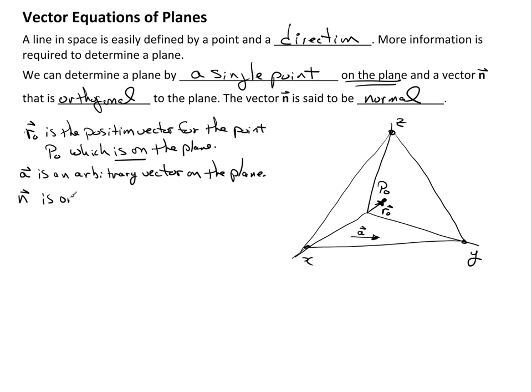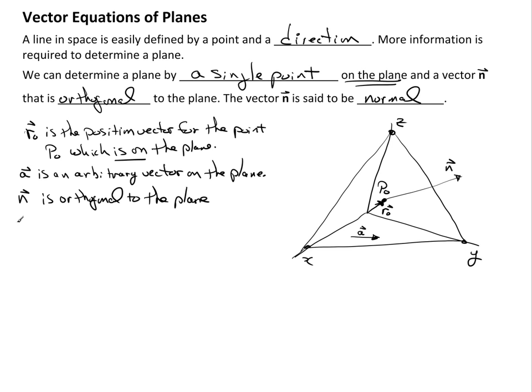N is orthogonal to the plane. I know it's kind of difficult to visualize that, when it's a flat surface, we're trying to work in 3-space. Now, the way I drew this, n is orthogonal to the plane, and its tail is at the point p0. The fact that it's at the point p0 is really not a necessary condition. I could have taken a normal vector to the plane. The tail does not have to be at this initial point.